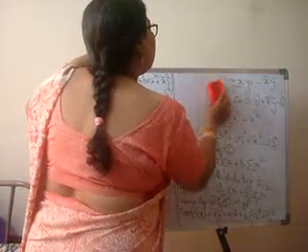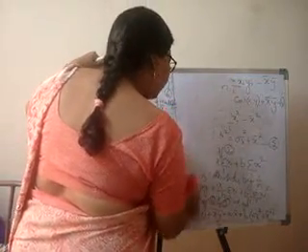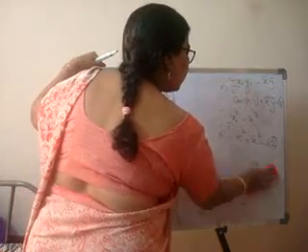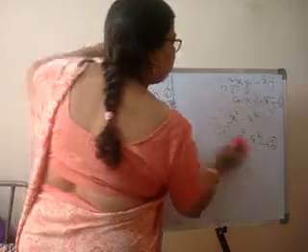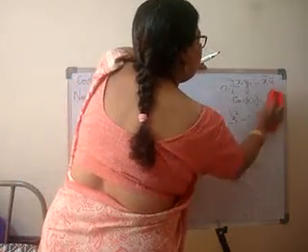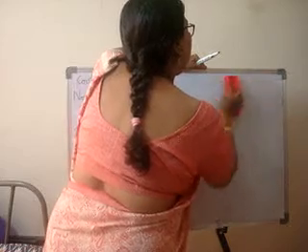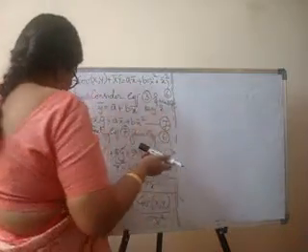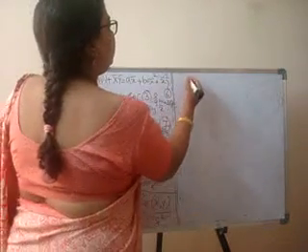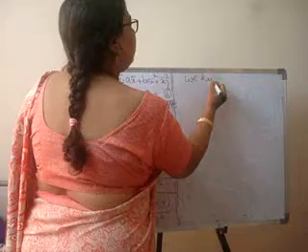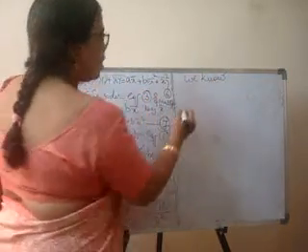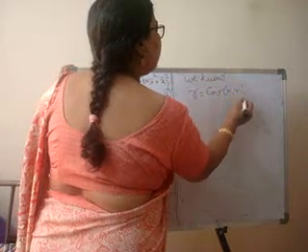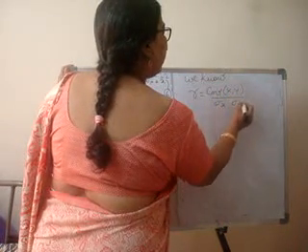Now, what is correlation equal to? We know r is equal to covariance of x comma y by sigma x into sigma y.